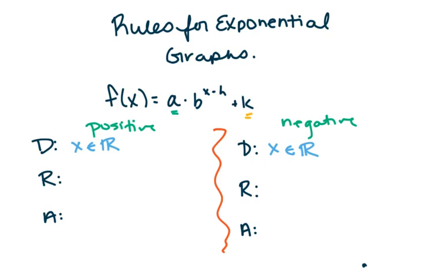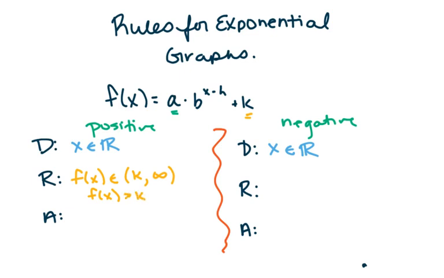So if you have a positive A value, then your range is going to be from that K value. Remember, it's never going to touch that K value. It's going to be approaching it. So from that K value to infinity, or you'd be able to write it as f of x is greater than k.